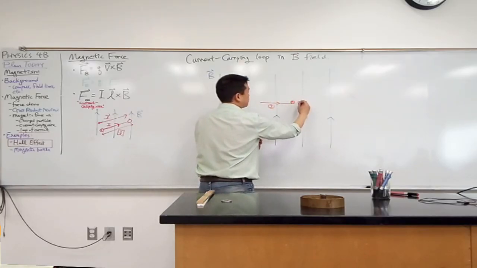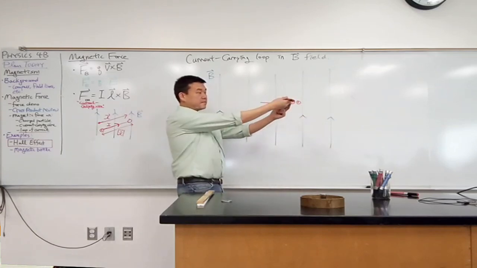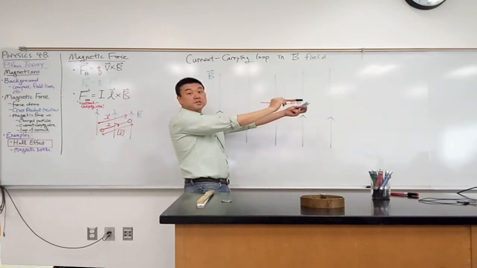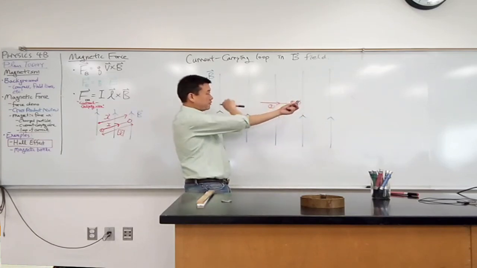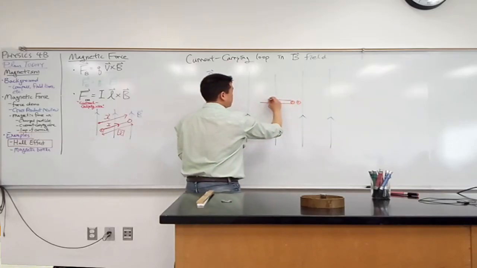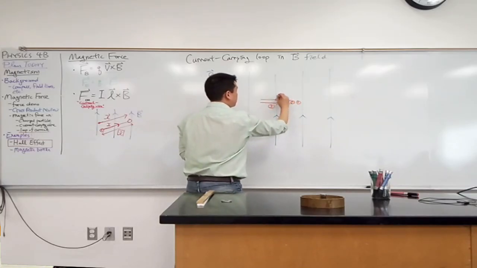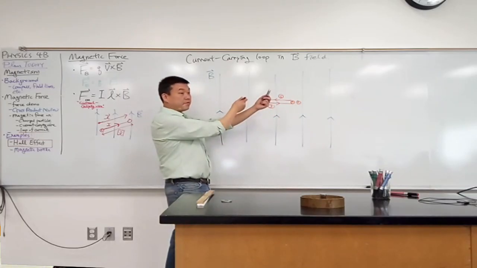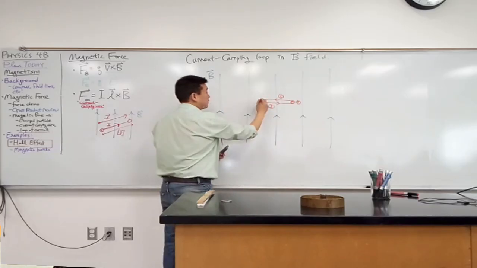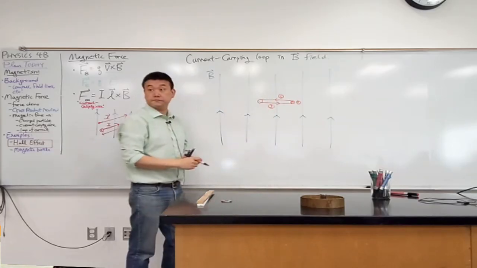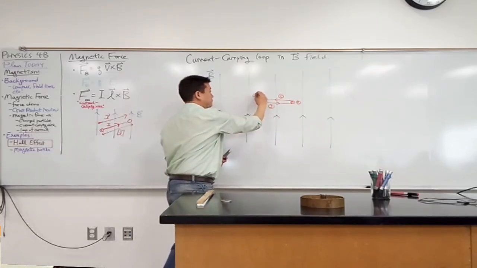This is segment 2. Then on this side, there's a section that's carrying the current from right to left. That would be segment 3. And then there's a final segment that brings it back to the starting point, the segment that's coming out of the board. Segment 4.